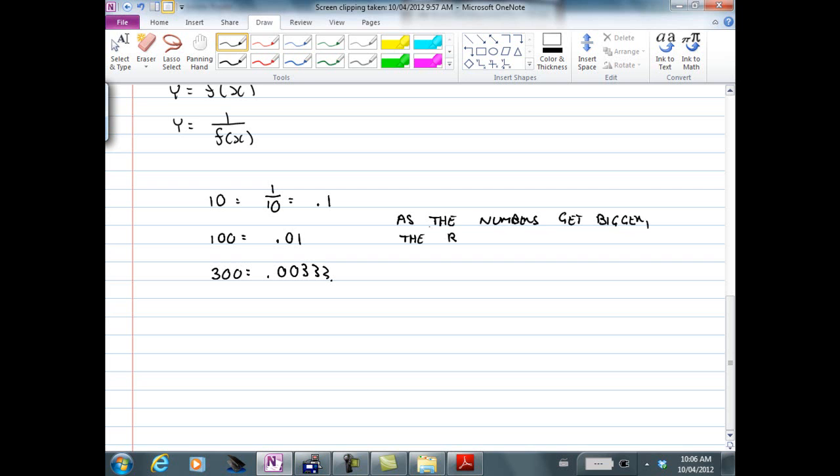One sentence that can either make you or break you on the reciprocals, and this is it right here. It's a very easy concept. Reciprocals get smaller. I just proved that using some basic numbers. I'm going to put a little bubble around this. This is the key to doing reciprocals. One sentence, that's it.